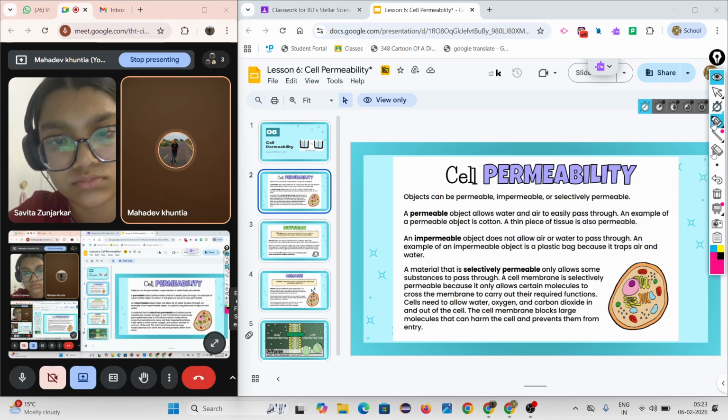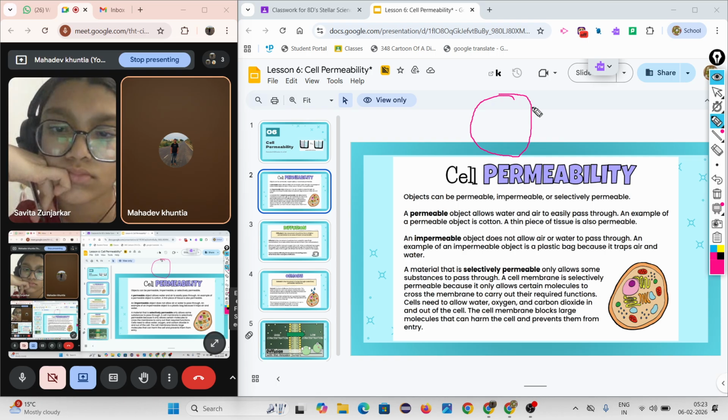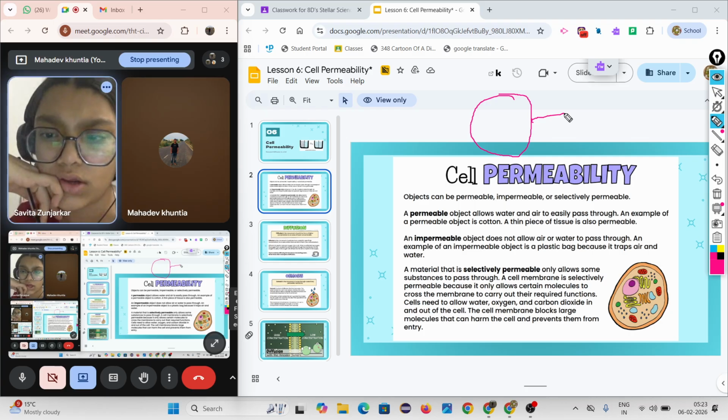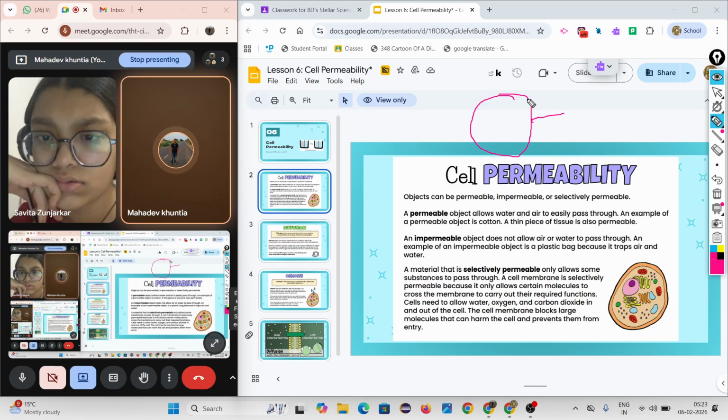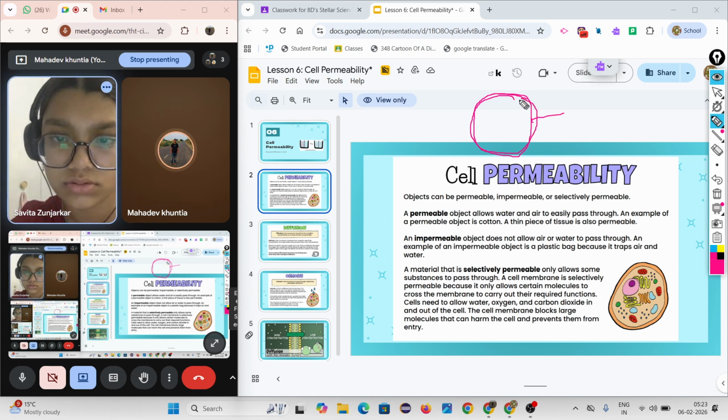Then the next thing is cell permeability. Okay, tell me. Here I am drawing one cell. The outer covering of the cell is called the cell wall. Oh, this is an animal cell.